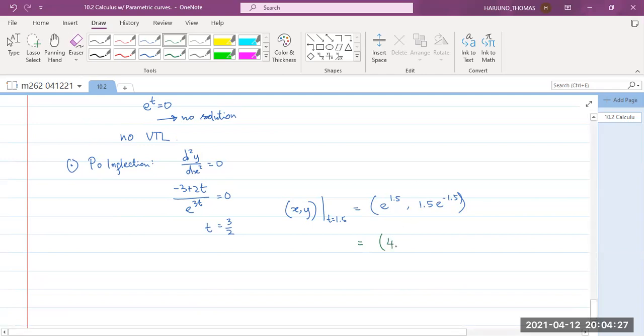That's 4.08 if I round it to 2 decimal places.